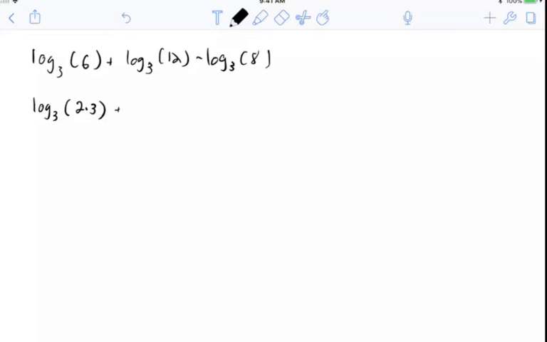This one becomes log base 3 of 2 times 2 times 3. And the last one becomes log base 3 of 2 times 2 times 2. Okay?